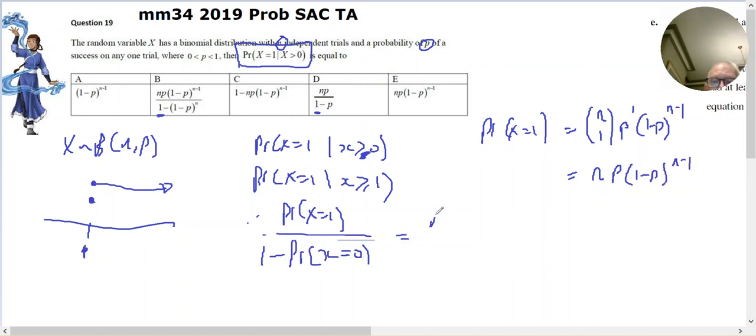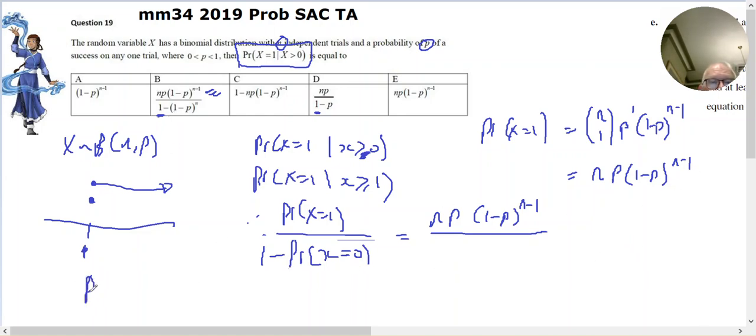So I've got np, 1 minus p to the n minus 1, all over. Now, always keep an eye on this numerator. I'm liking B more and more, only in that my numerator is absolutely perfect, and I've got a denominator which is 1 minus something.